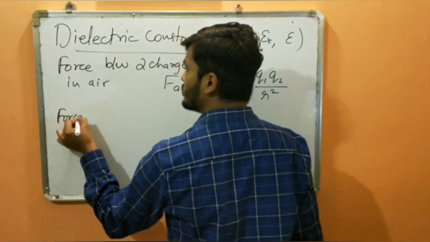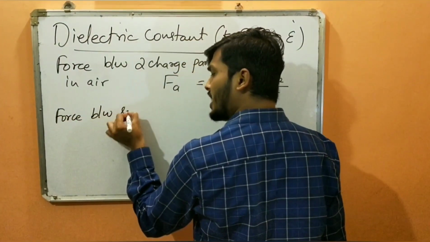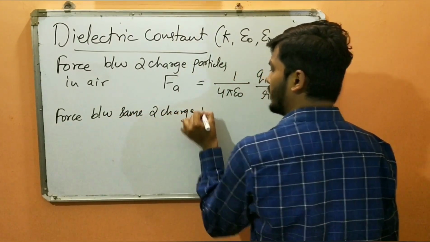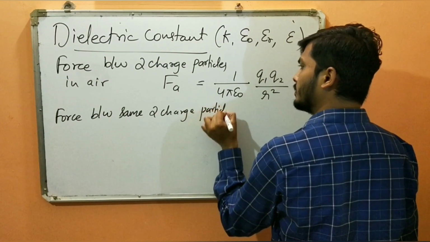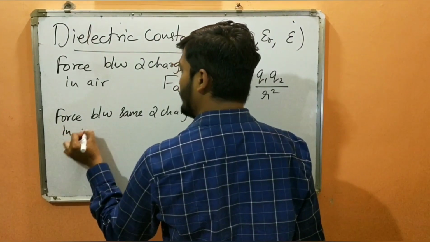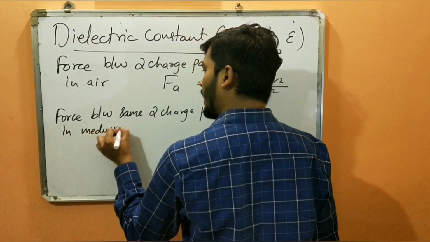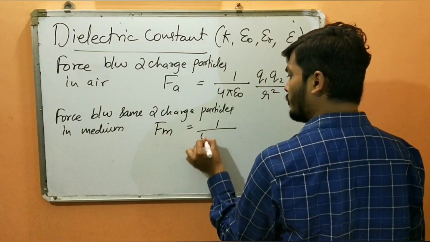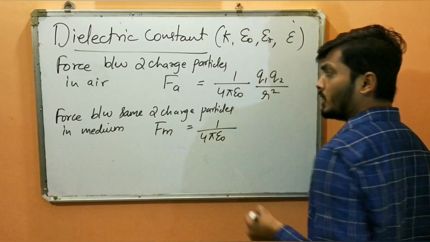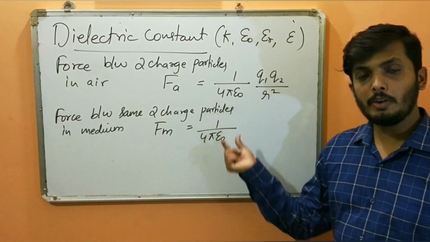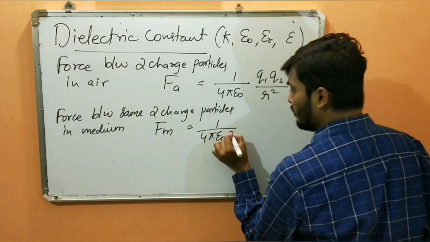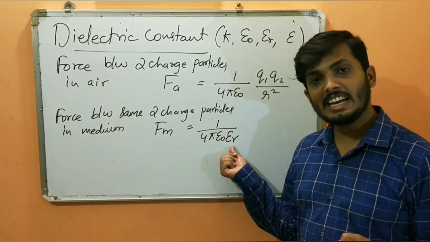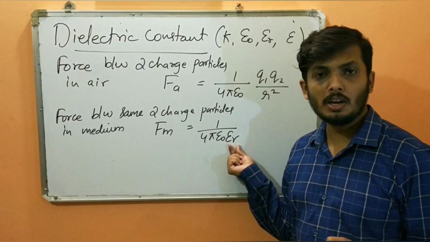Similarly, the force between the same two charged particles in a medium at the same distance. What will this be? Fm will be 1 upon 4 pi epsilon naught. Epsilon naught is the permittivity of free space. But here I will use one more term, epsilon naught R, which indicates the permittivity of the medium.